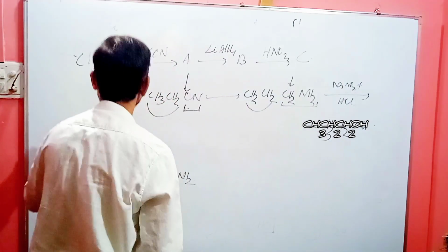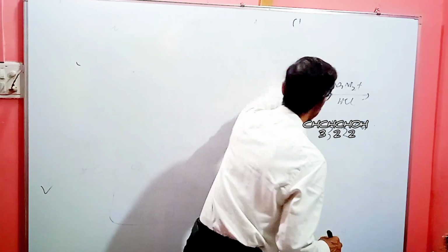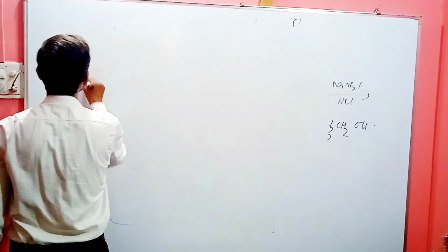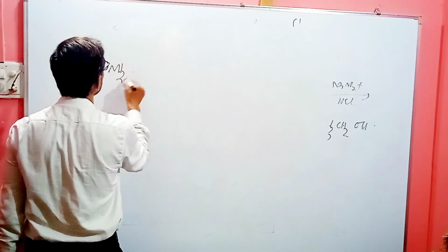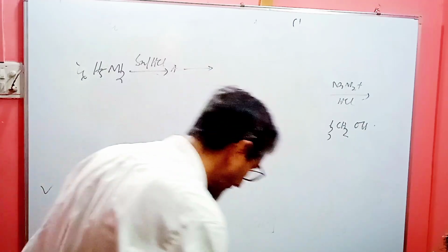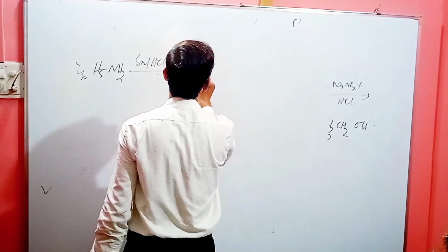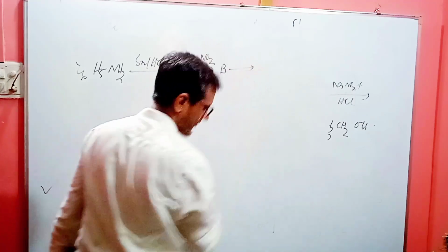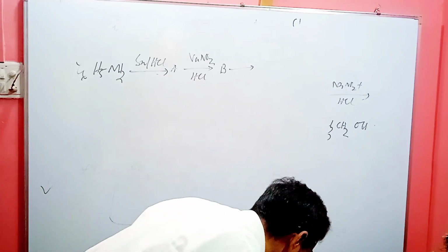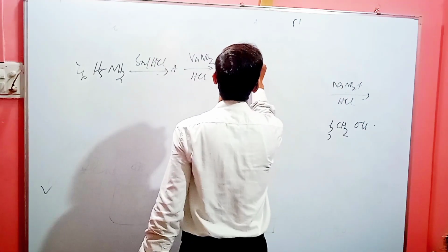Next one is C6H5NH2, HCl, A. Next NaNO2, HCl, B. Next one is water.